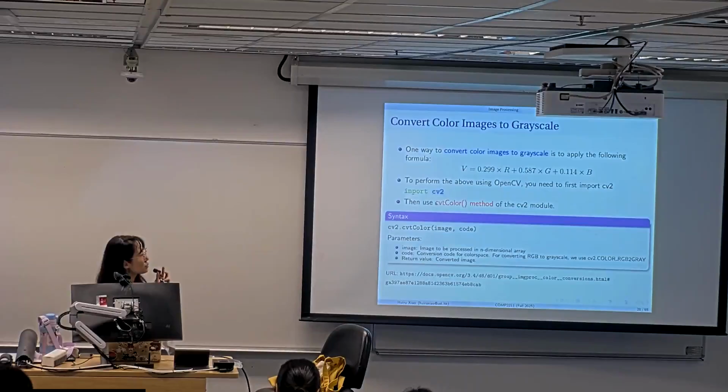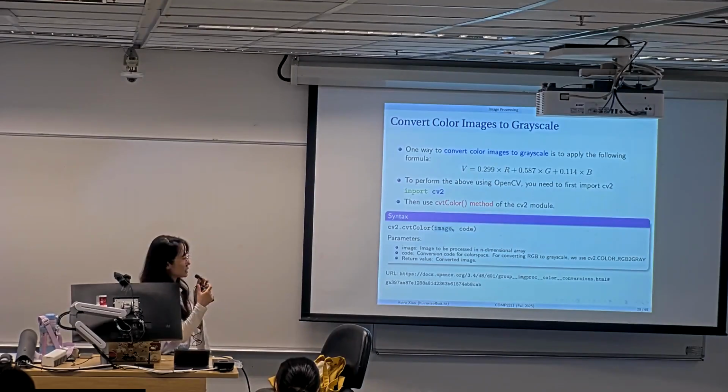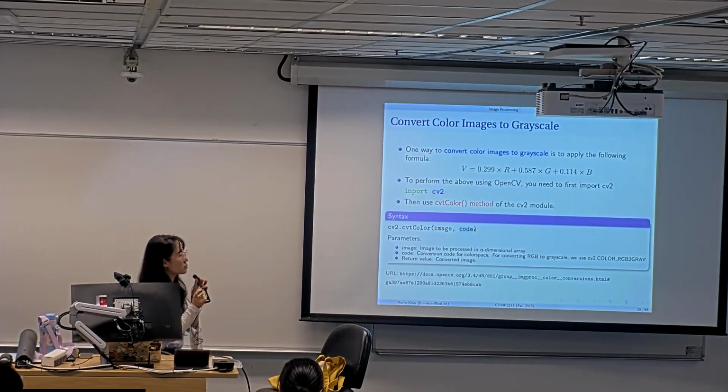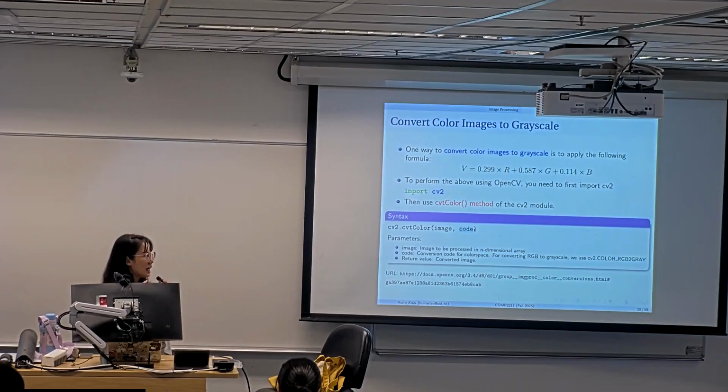Here, if we want to convert color to grayscale, we use this method cv2.cvtColor. The syntax would be like this. First, you need to give some input image. This image is the image that you want to process, and of course it should be some color image, because now you want to convert it into some grayscale image. And this code is some conversion code for the color space. If you want to convert RGB to grayscale, you need to give the correct and specific code.